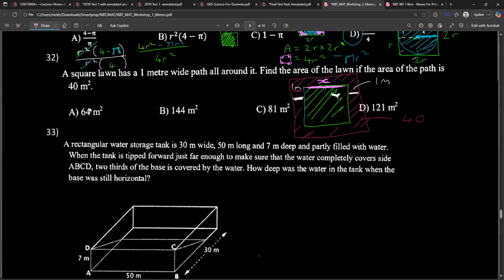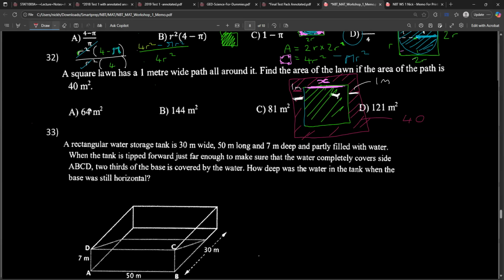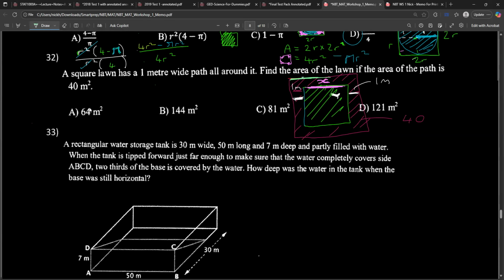Running out of colors here. So this whole part here will be x plus 2, because it's the 1 meter and then the x, the length of the lawn. So that's x plus 2.